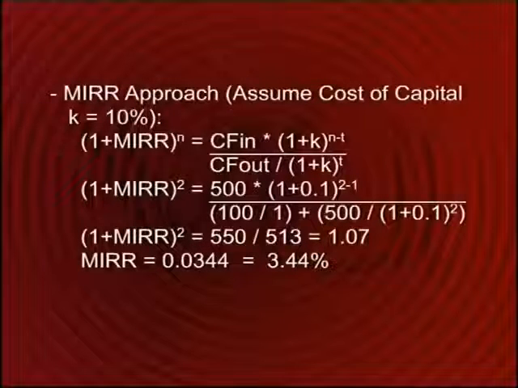Why 1? Because the compounding of the cash inflows takes place from the point at which the cash inflow occurs to the termination date of the project. And in this case, the cash inflow takes place at year 1, and the project life is 2 years, so 2 minus 1 is 1, and that represents the exponent in the numerator.